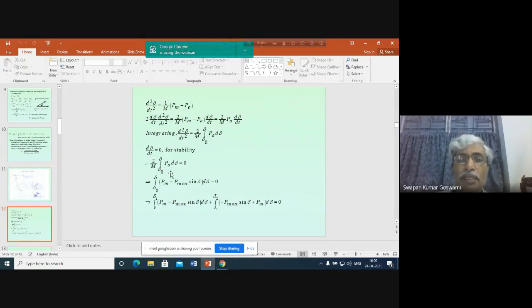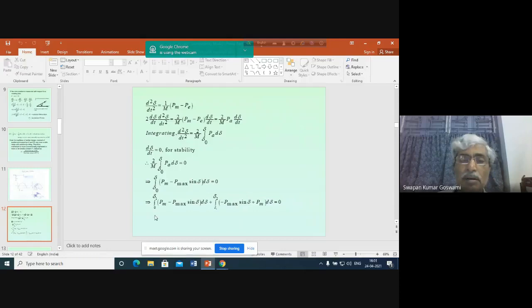Here Pa means Pm minus Pe, integrated from delta 0 to delta. What is Pe? Electrical power means the peak of the power angle curve times sine delta, P maximum sine delta. Electrical power output at the operating point, with delta having a definite value, is P maximum sine delta.